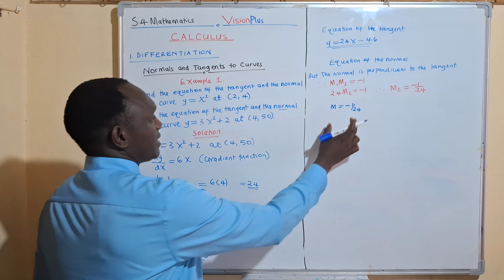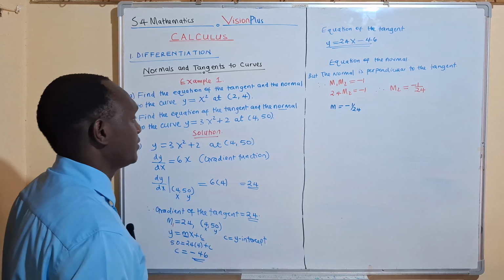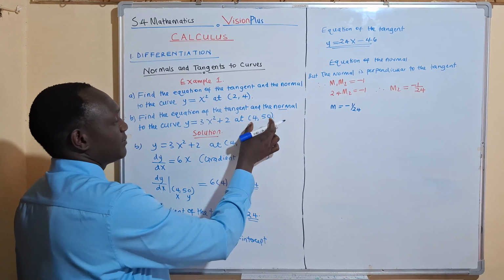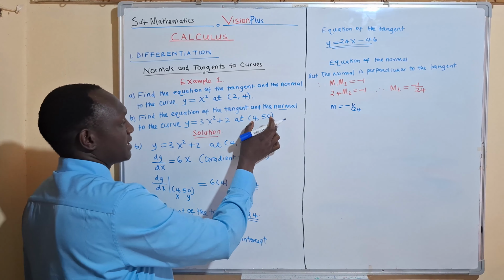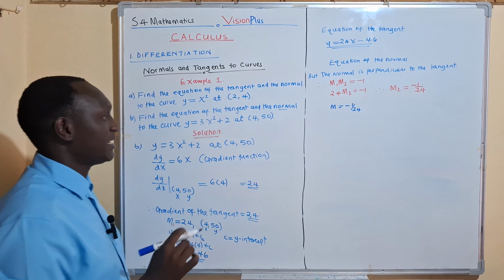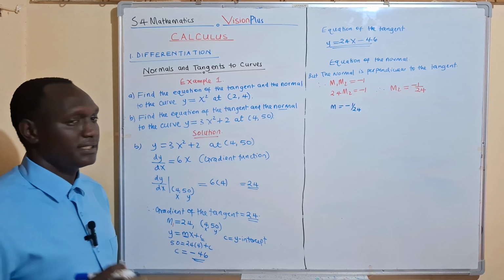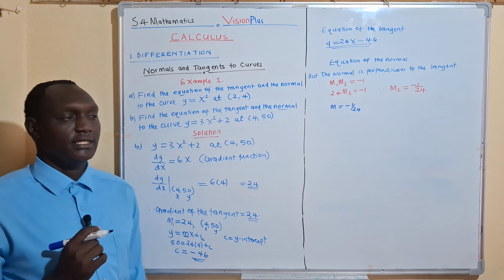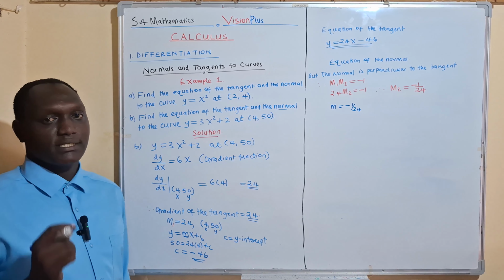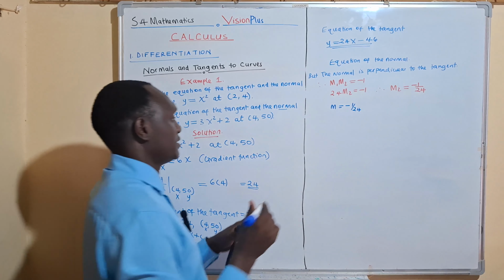If we have the gradient of the normal and we have the point through which the normal is passing, this point here, it has the curve passing through it, it has the tangent passing through it, it also has the normal passing through it. So it is a common point.